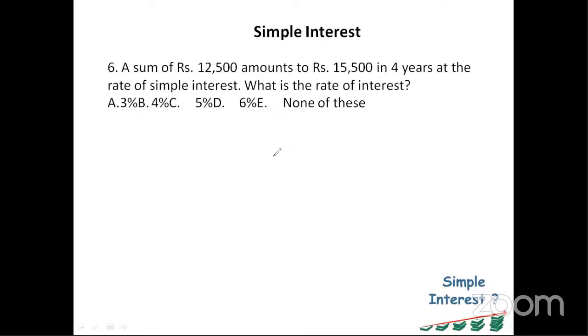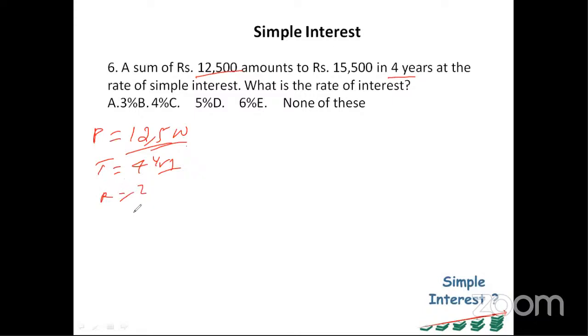A sum of rupees 12,500, which means P is 12,500 rupees. 4 years is given, which means the term is 4 years. Now we have to calculate the rate of interest.